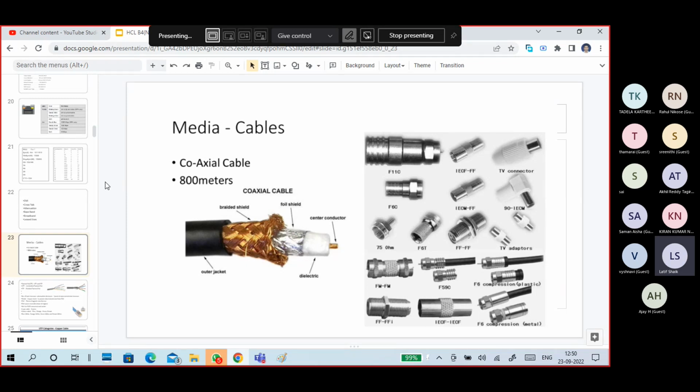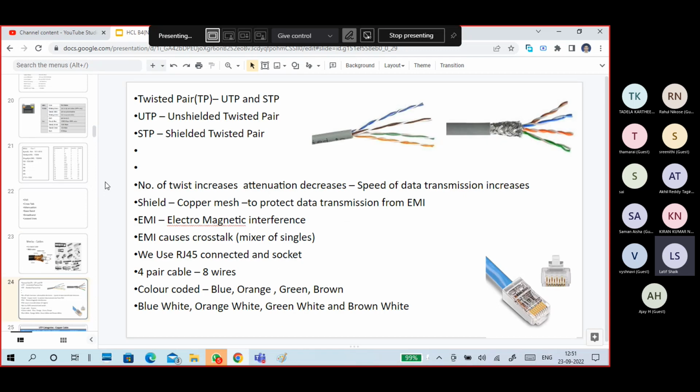Your data may be lost, or other data may be added. To protect the cable from electromagnetic interference, we use this mesh shield. There are different types of connections, like BNC connection, British Naval connection, T-type connection. So many types of connections are there. But our importance is to go to twisted pair. Twisted pair.